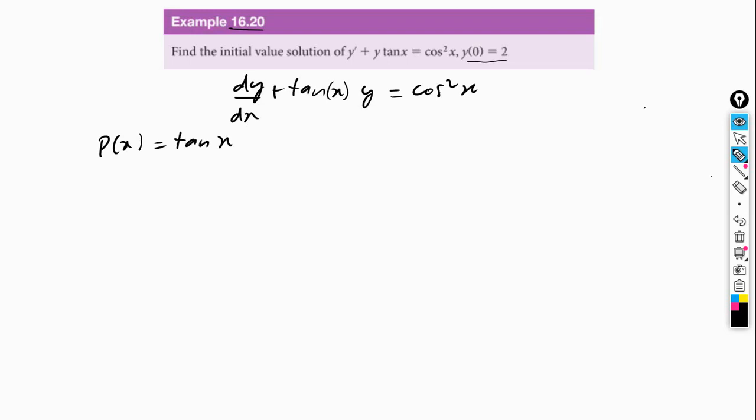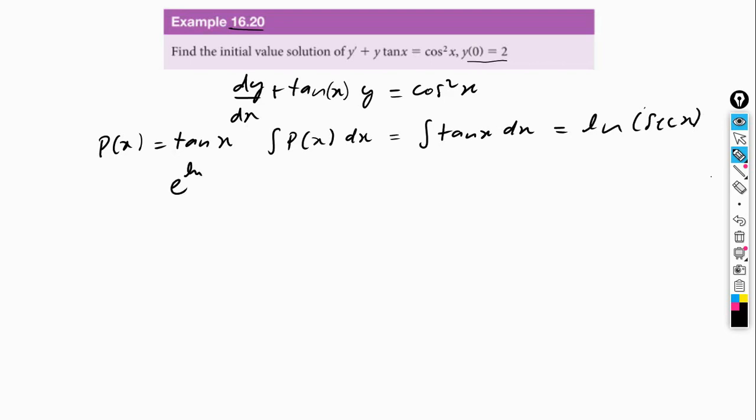Then the integral of p of x dx is the integral of tangent of x dx, which is the natural logarithm of secant of x. So the integrating factor is going to be e to the power of the natural logarithm of secant of x, which is simply secant of x.